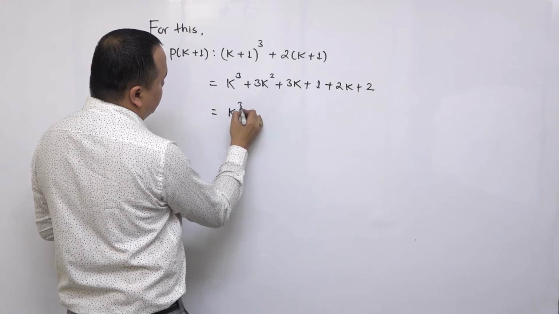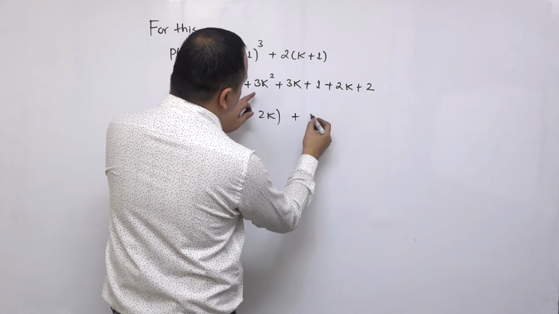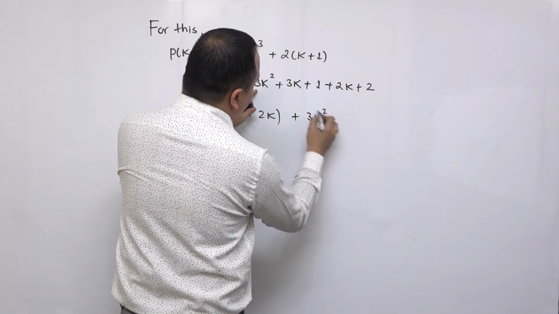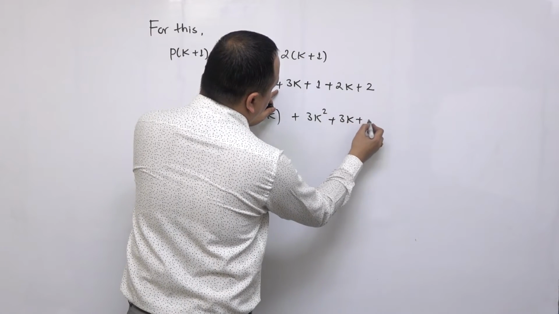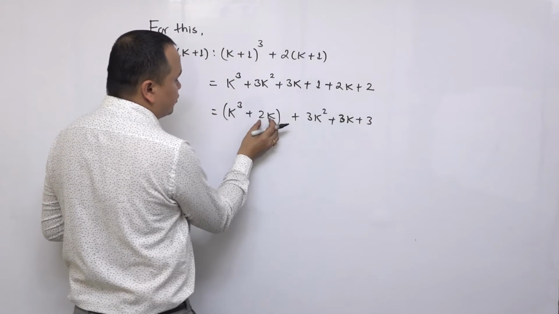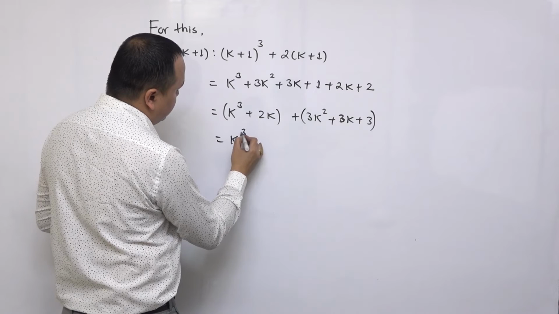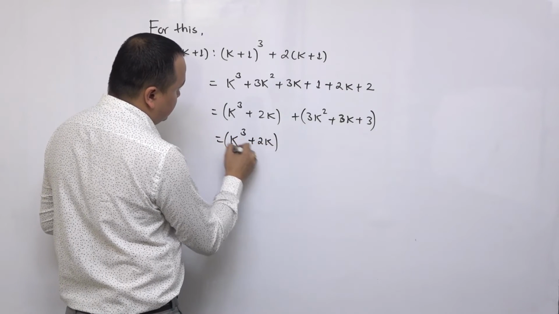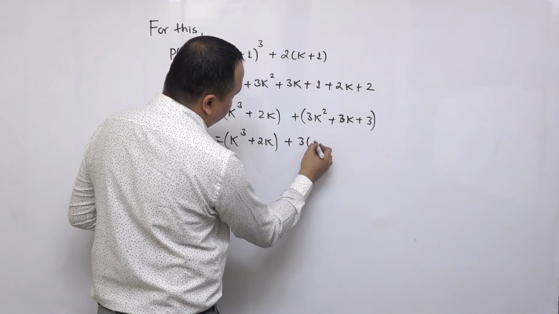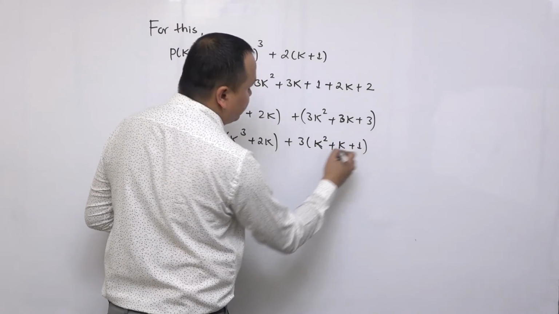The k cube plus 2k plus 3k square plus 3k plus 3, and this is k cube plus 2k plus 3 is common, then k square plus k plus 1.